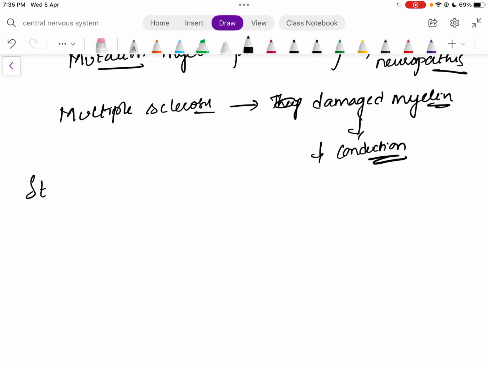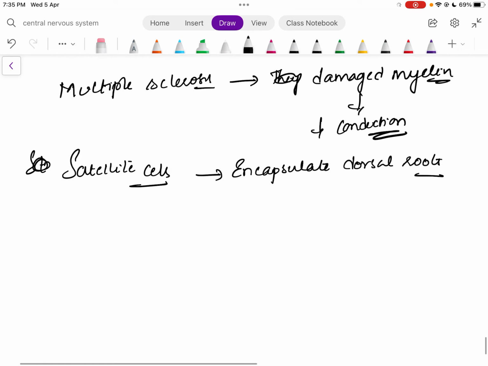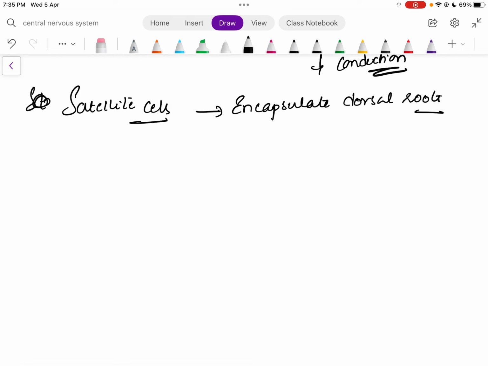Next, we'll see some more cells called satellite cells. What they'll do is encapsulate dorsal roots and cranial nerve ganglion cells.